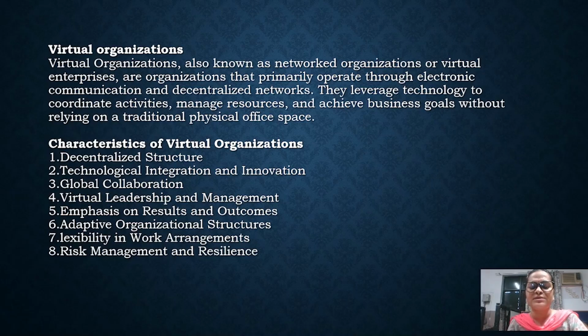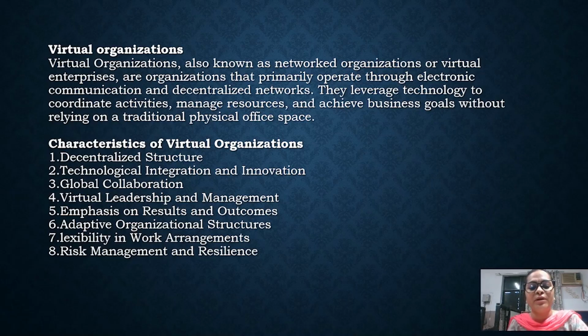Now, the second characteristic is technological integration and innovation, which means that virtual organizations embrace new technologies and innovations so as to enhance communication, collaboration and operational efficiency. They invest in cutting edge tools and platforms that support remote work, virtual meetings, and even digital project management.